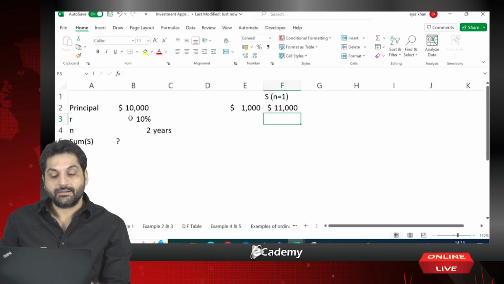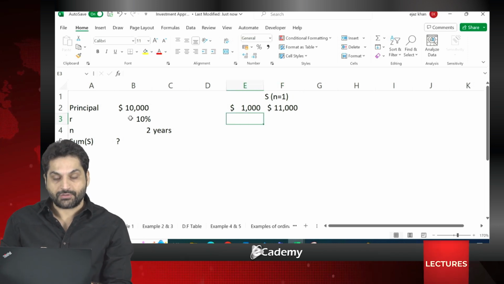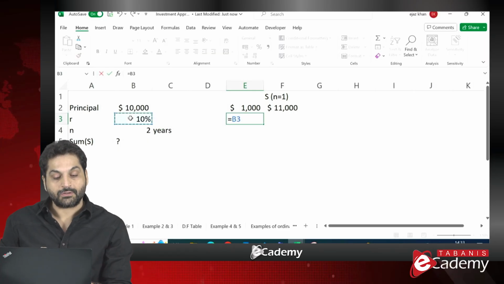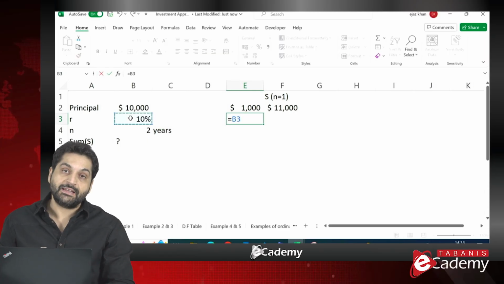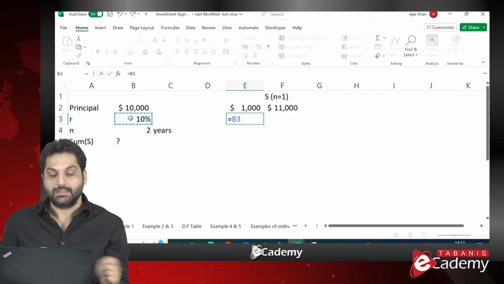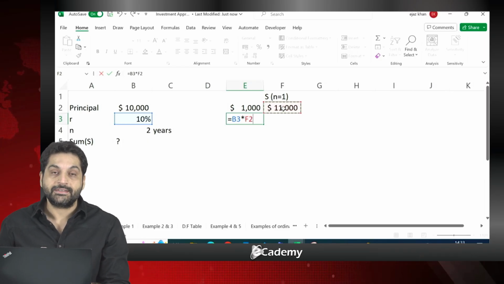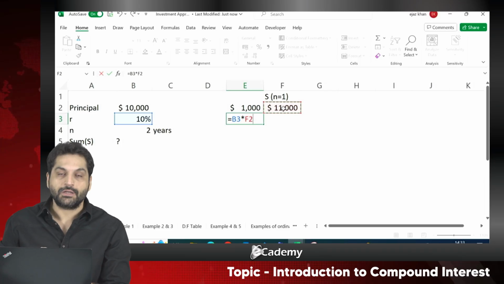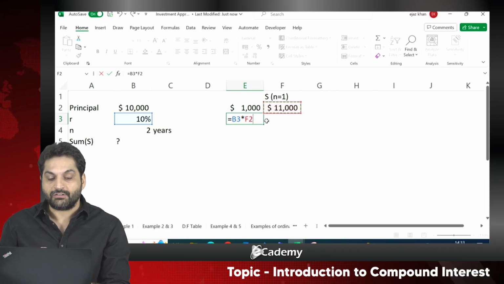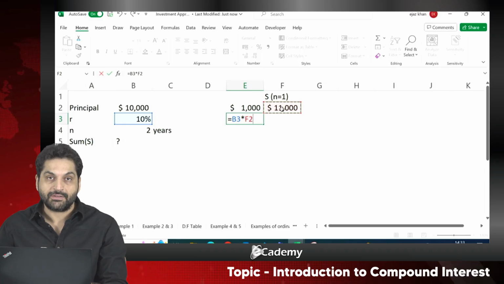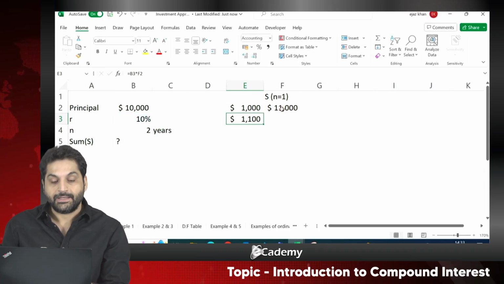In the second year, the amount of interest will again be 10%. But since it's a compound interest, the rate of interest will not be applied to the initial investment. It will be rather applied to the sum at the end of the first year, which includes the interest earned. So the amount of interest will be 10% of the total compounded amount, which is $11,000, $1,100.